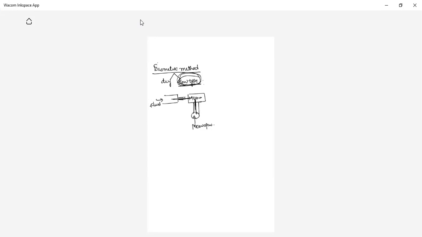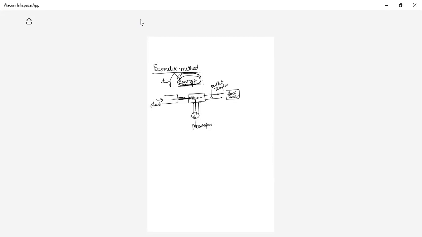This is called the outlet temperature. We will measure the outlet temperature, and here we use a flow meter. This is the setup we generally use.